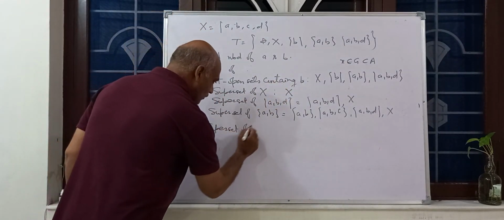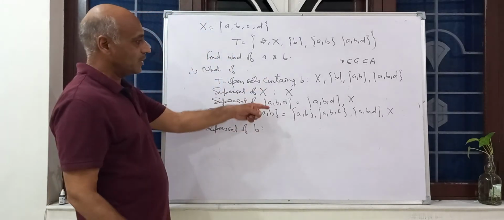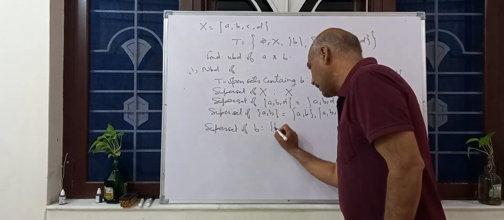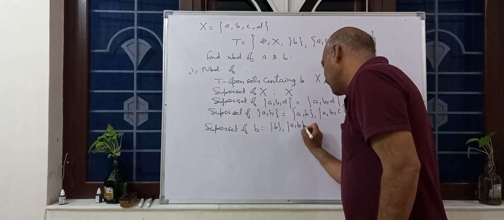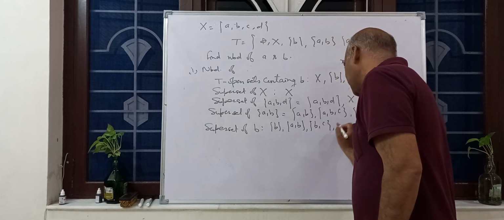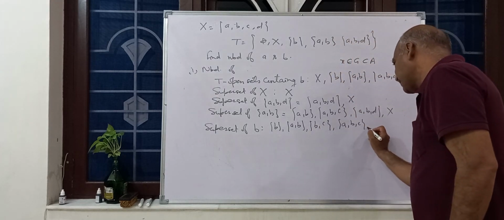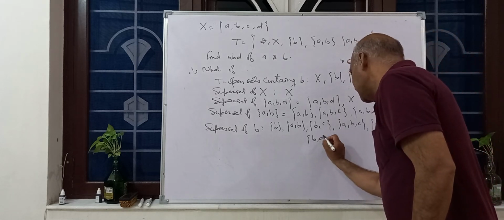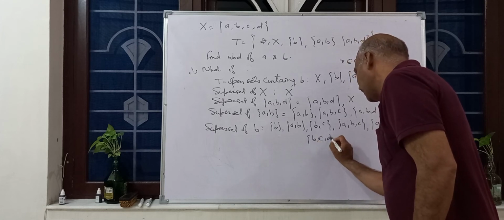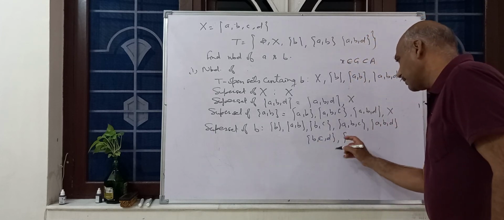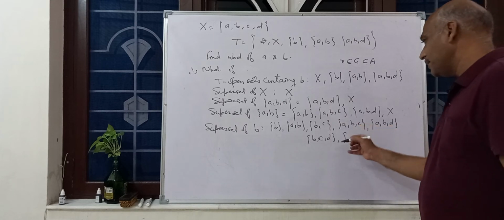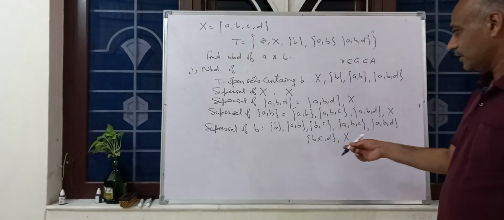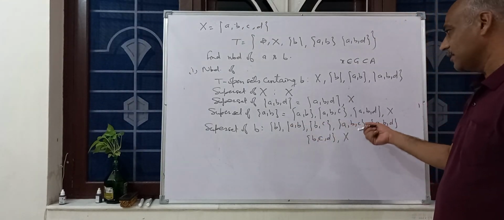Now the supersets of B. What sets contain B? One is {B}, {A, B}, {B, C}, {A, B, C}, {A, B, D}, {B, C, D}, and X. You can check: {B}, {A, B}, {B, C}.